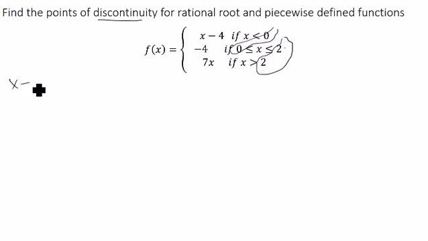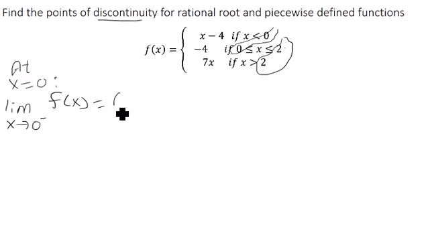So at x equals 0, let's look at the left hand limit. Limit x goes to 0 minus f of x, which is going to be our first branch, because in this case x is less than 0. So the first branch we have x minus 4, so that's going to be 0 minus 4, which is going to be negative 4.